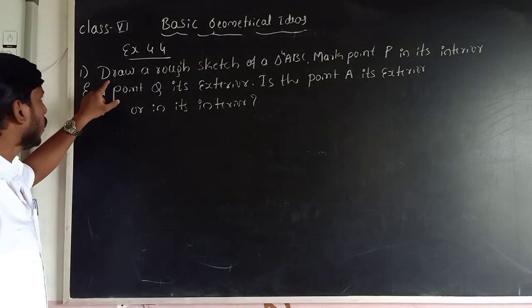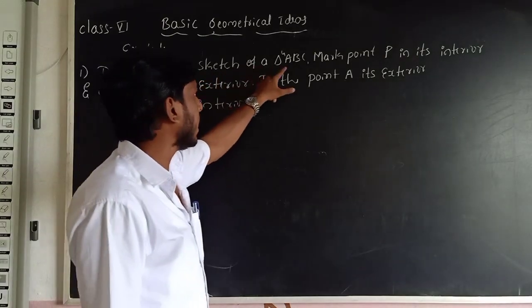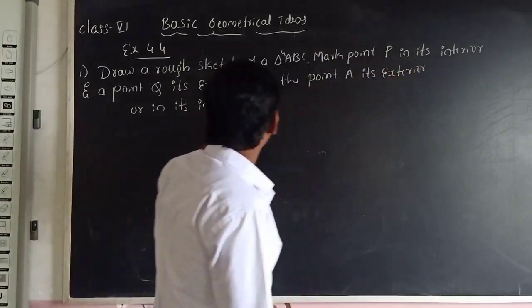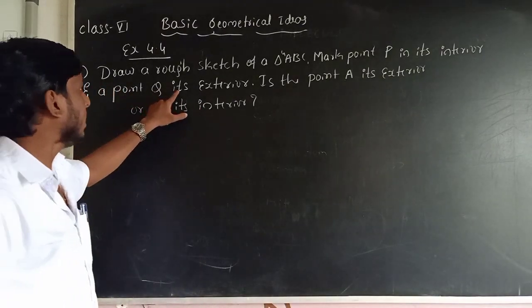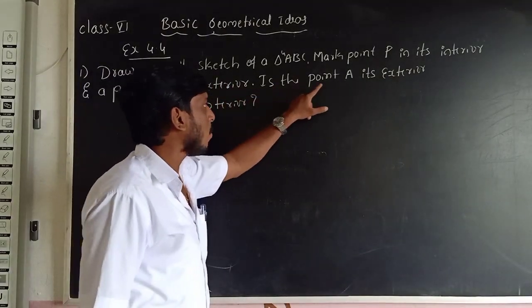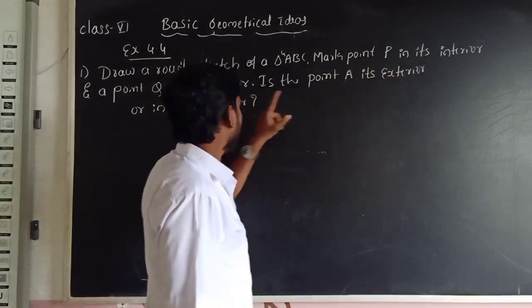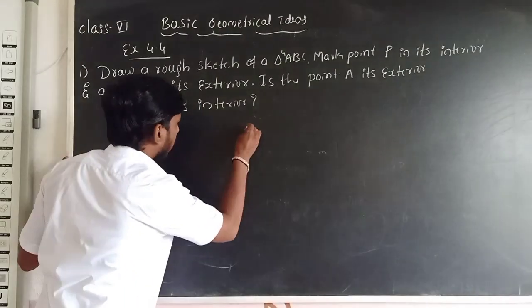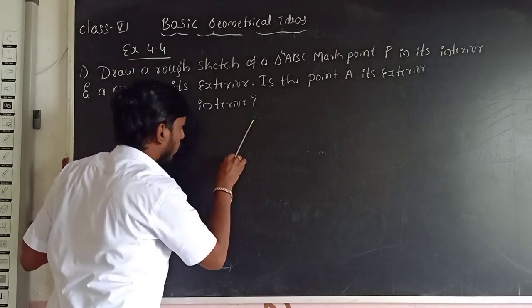What is the first question? Draw a rough sketch of a triangle ABC. Mark a point P in its interior and a point Q in its exterior. Is the point A in its exterior or in its interior? First we should draw that rough triangle, I will draw.